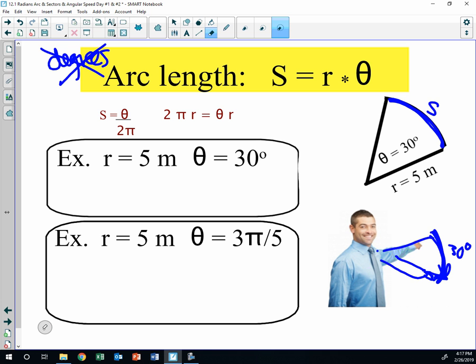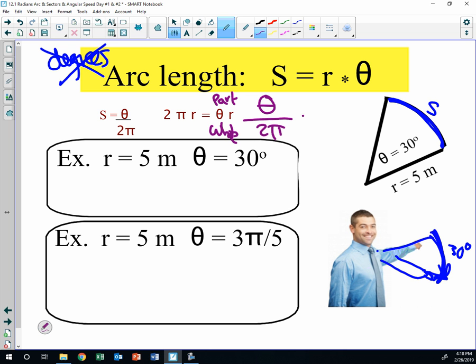Let me show you where the formula comes from first. So a ratio is when you compare two things. You compare something like angle theta to how many radians in a circle, or in a full circle it was 2 pi. So this is part of a degree, this is the whole circle.